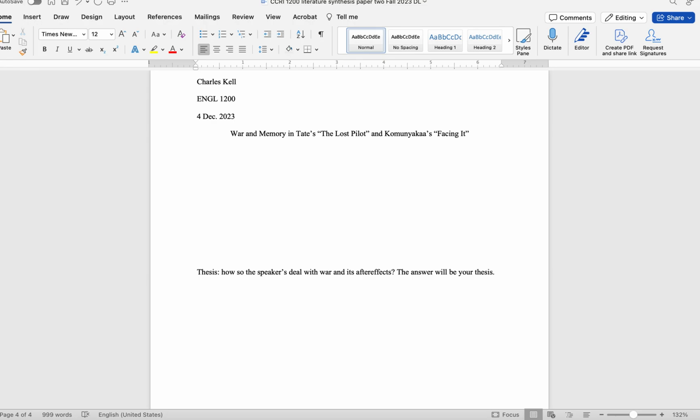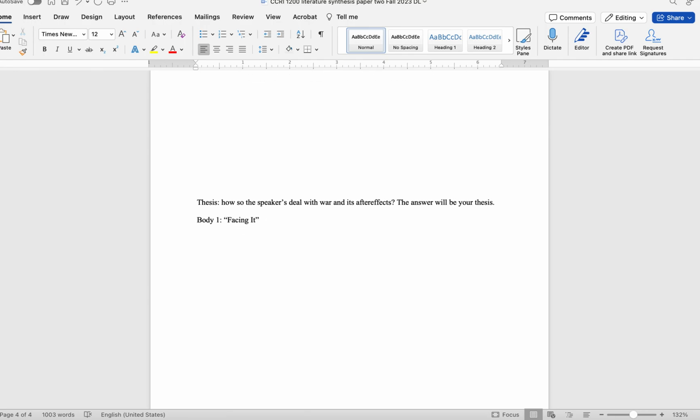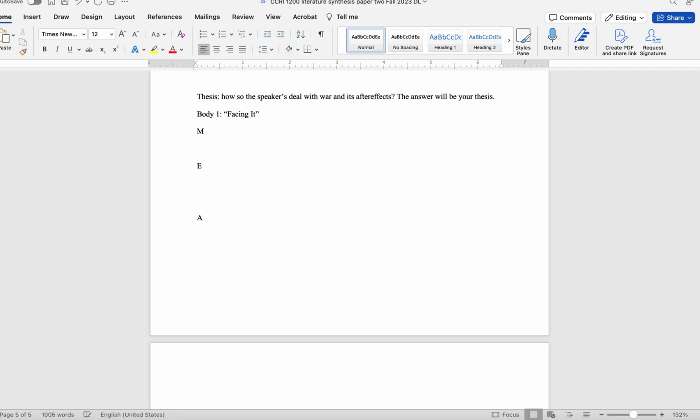So here are a couple of different ways to set up your paper. Body paragraph 1, you could look at Facing It. So close read the beginning of Facing It, what's going on, situate that. Remember the MEAL guidelines: main idea, evidence, analysis, link.